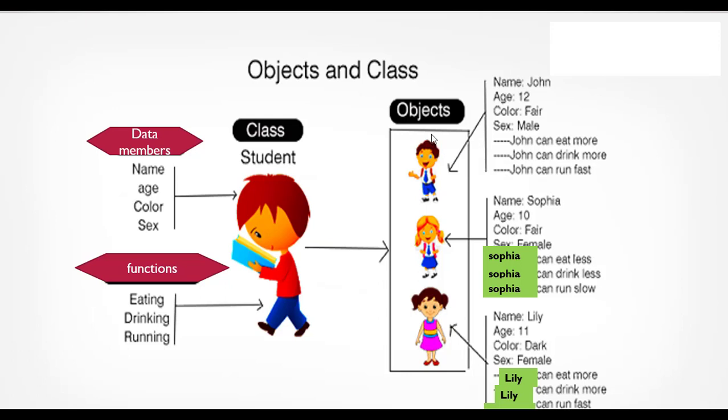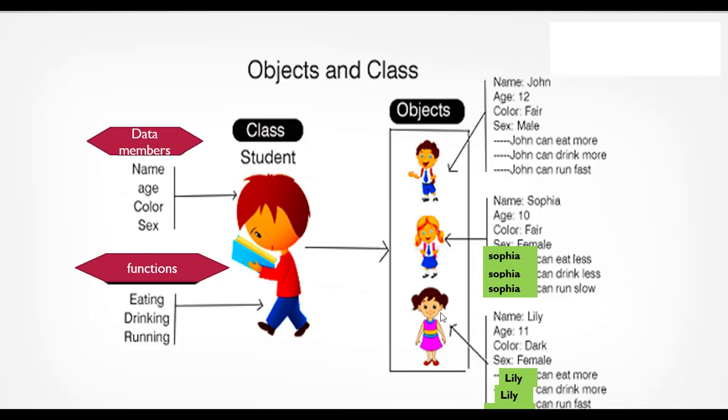Now another example of objects and class. If we consider a class as a student, the objects may be the students of that particular class. For example, if we take our class, there are 80 students, and each student may be considered as an object. In this example, there are 3 students, John, Sophia and Lily.